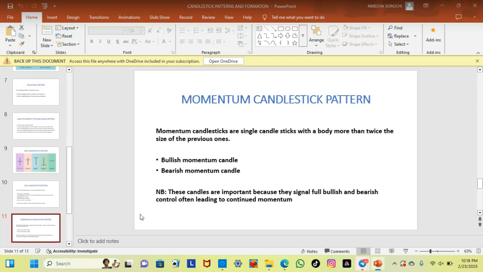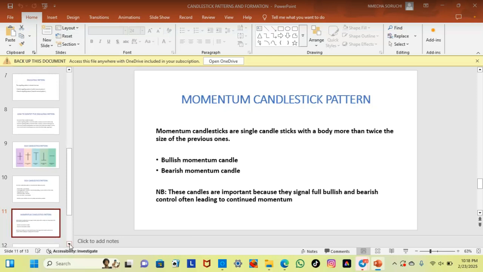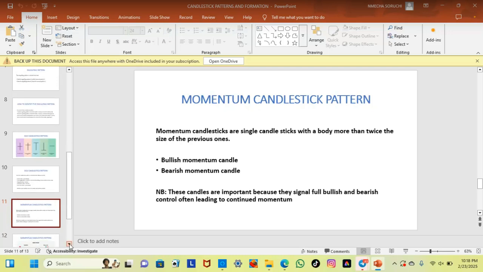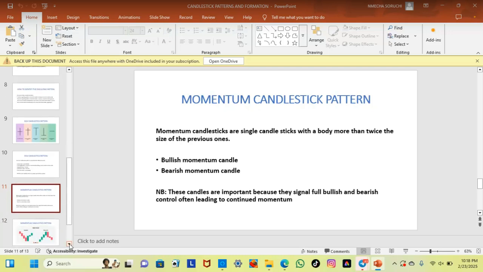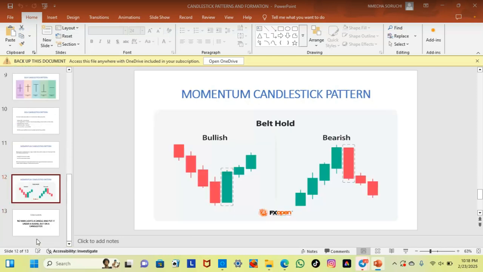Whenever you see a bullish momentum candle, it's telling you that the market is going on a bullish trend. Whenever you see a bearish momentum candle, it's indicating that the market is going on a bearish trend. You can see it here. It's almost like the engulfing pattern.